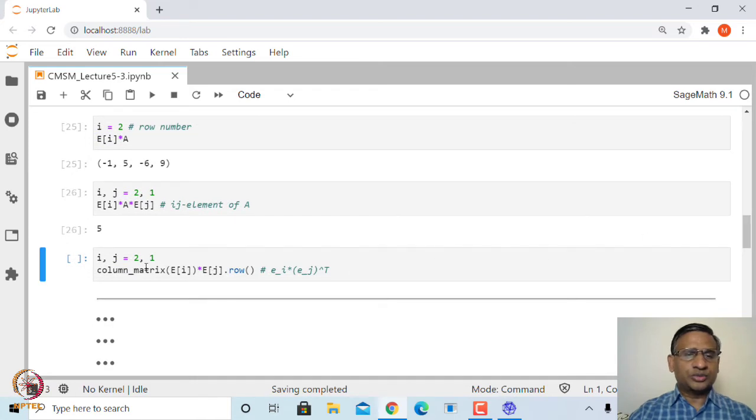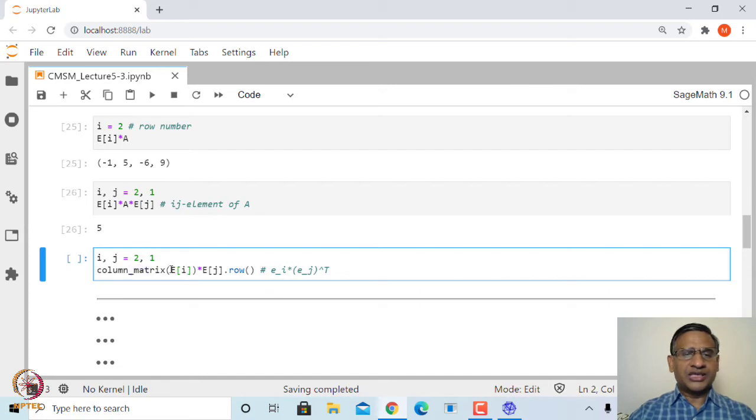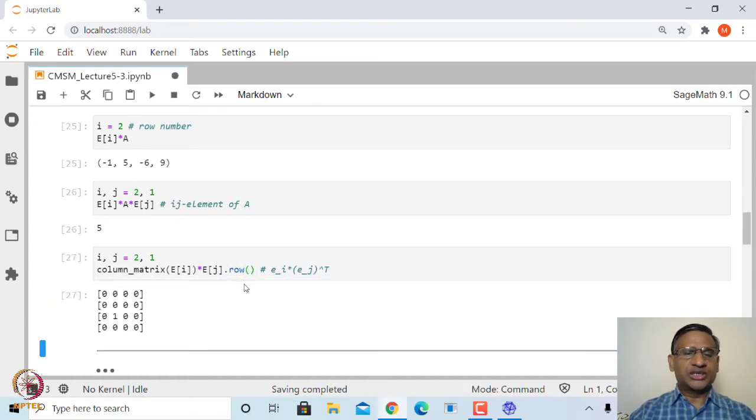Now suppose you look at Ei and multiply by Ej. You think of Ei as a column matrix, and then multiply by Ej as a row matrix. So Ei times Ej transpose will give you again a 4 cross 4 matrix, whose i plus 1th row and j plus 1th column entry will be 1, and the remaining entries will all be 0.